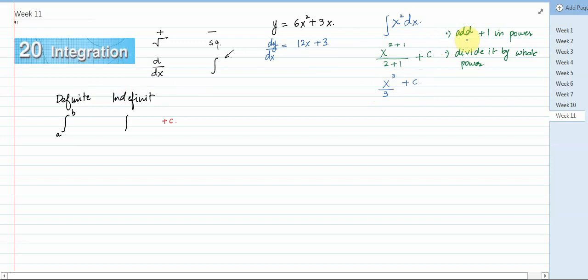The reciprocal functions they are, and what we had done in the differentiation, we need to do opposite in the integration. Now the very important step is the first one, derivative of function must be present.